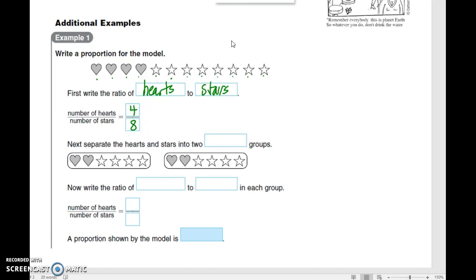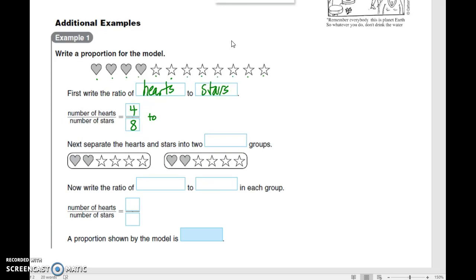Okay? So instead of saying 4 eighths like it was a fraction, it's now a ratio, so I say 4 to 8. So this fraction bar means "to." That's how I read it. That's just how it works as ratios.